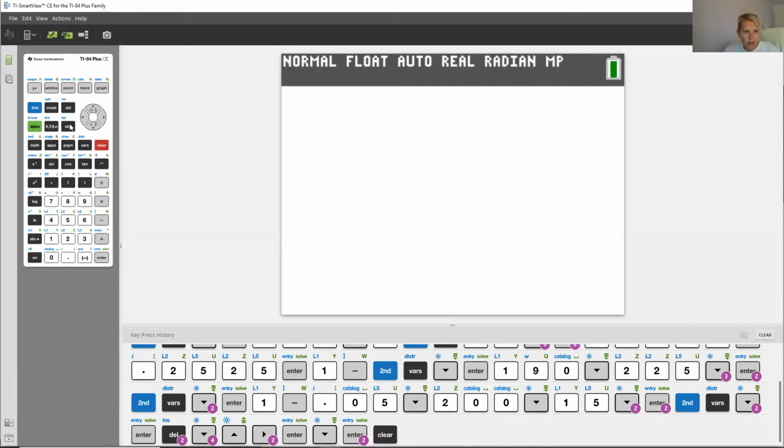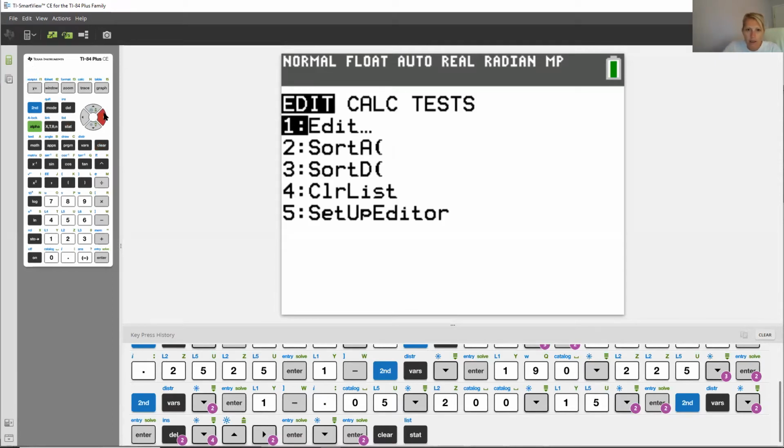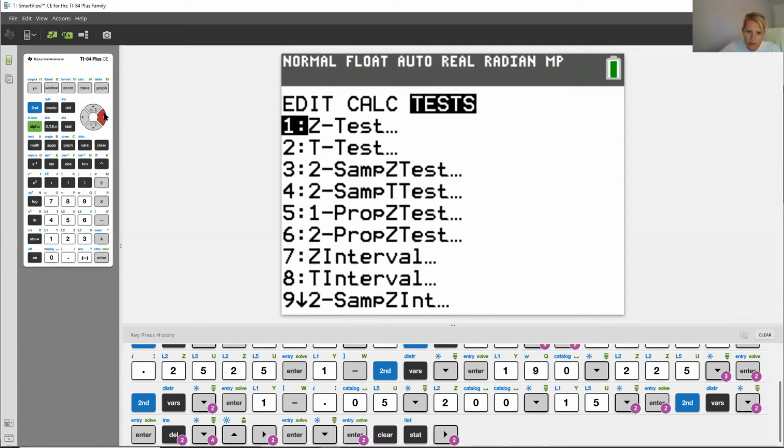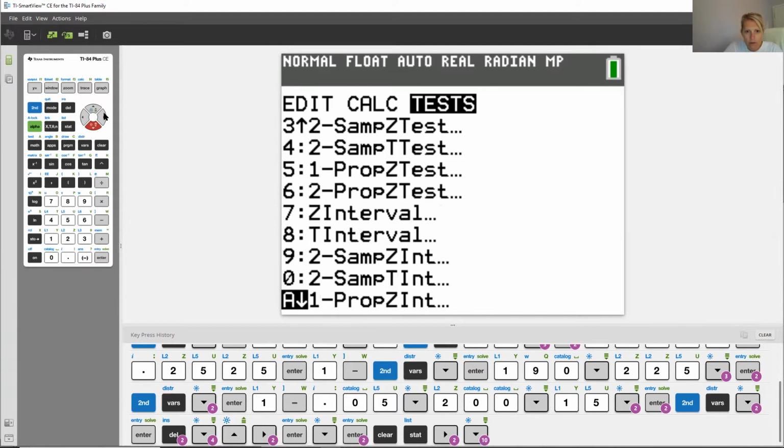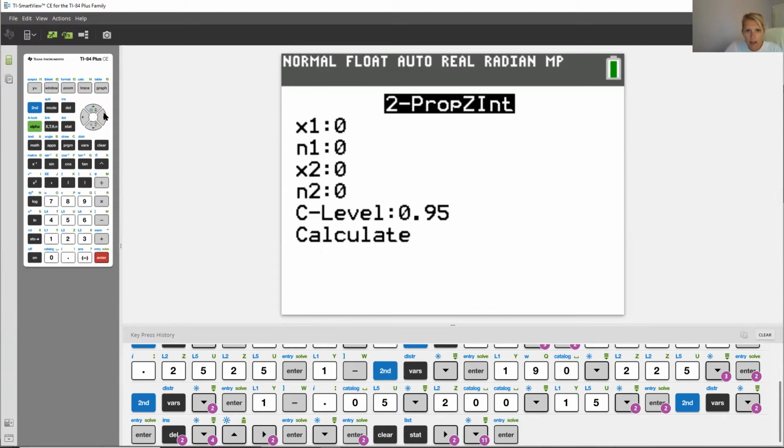And let's just show this on our TI-84 because I know some of you folks are still using that. So we're going to go to Stat and over to Tests, and we're choosing 2-prop Z interval. There it is, letter B, 2-prop Z interval. And we're going to enter just like we did into StatCrunch. So 645 out of 1500.